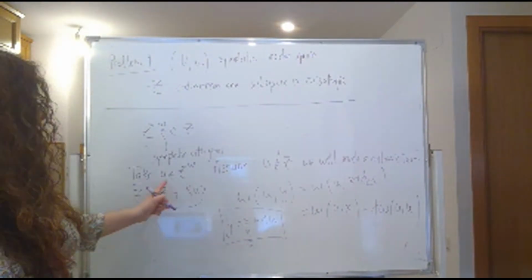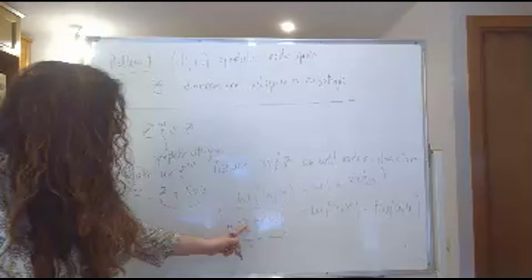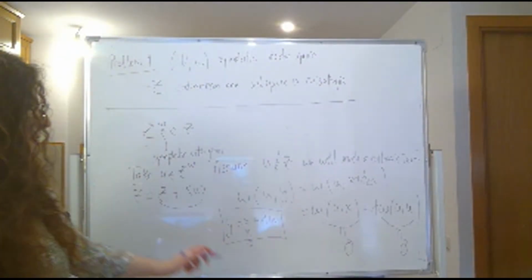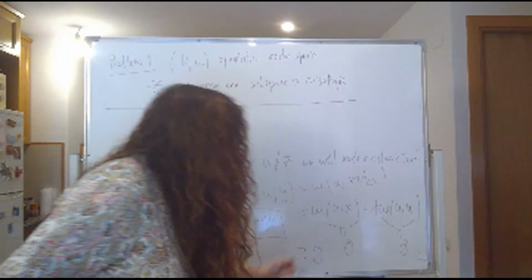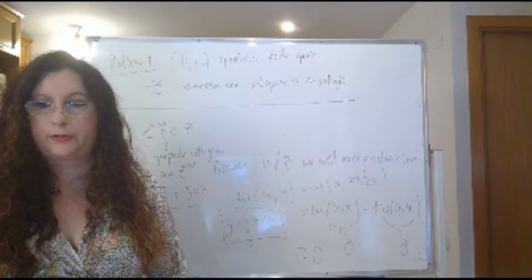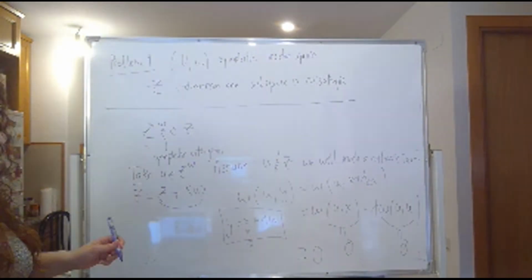Okay, now we develop this and I write this as omega. I am just using that omega is bilinear. Okay, now I have this expression here.